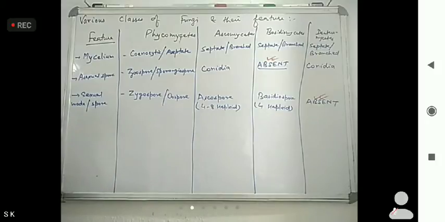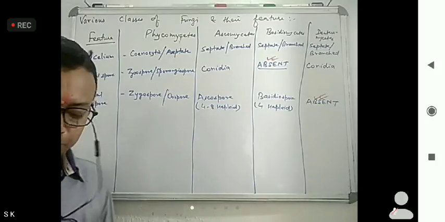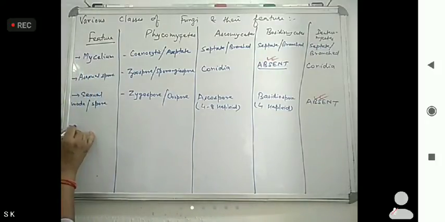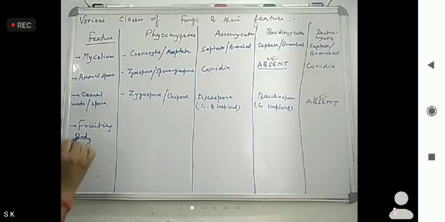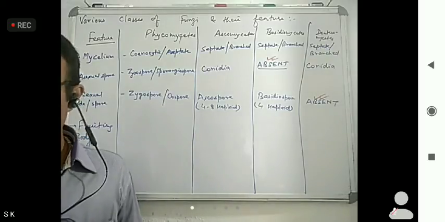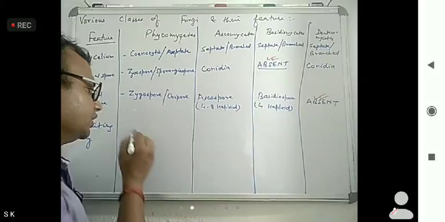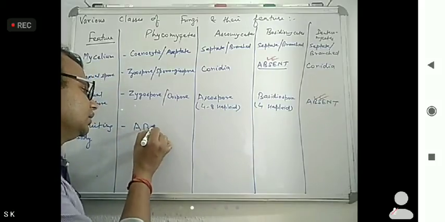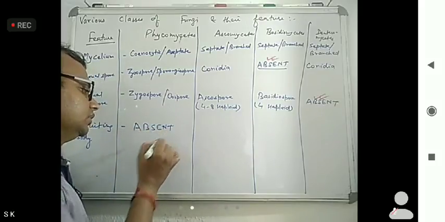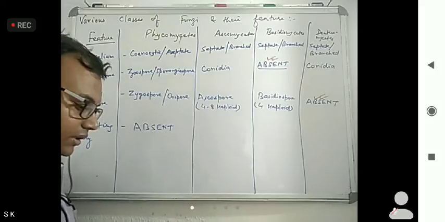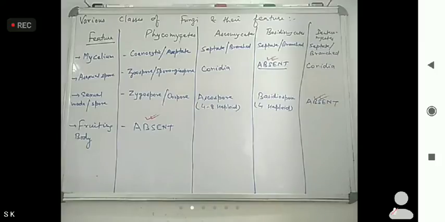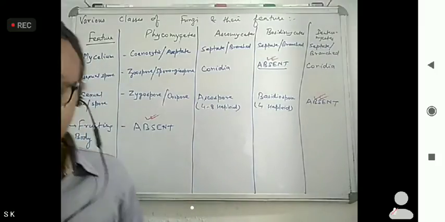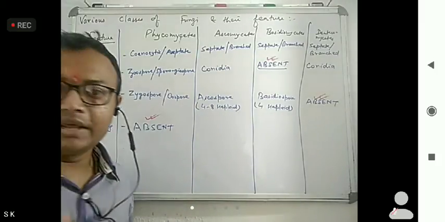Now, if we look at fruiting bodies, the last one here. What fruiting bodies are found in Phycomycetes? Here, no fruiting body is there. That is, absent. If we come to Ascomycetes, which one is there?